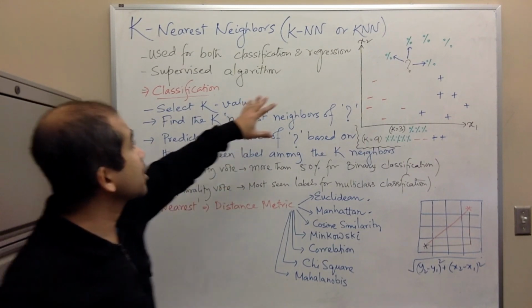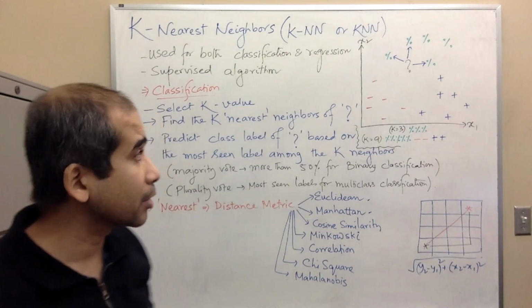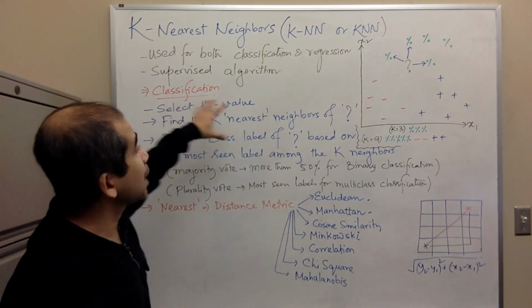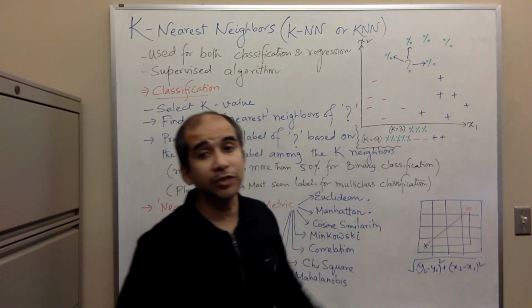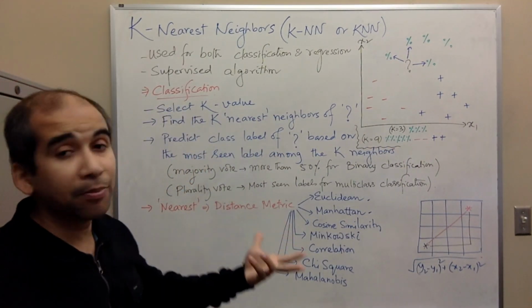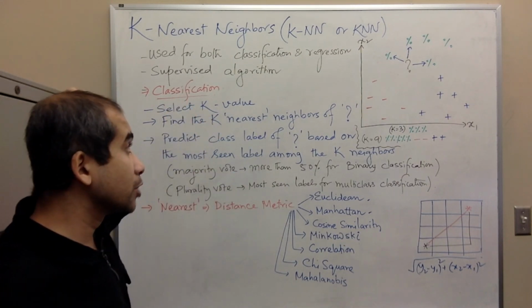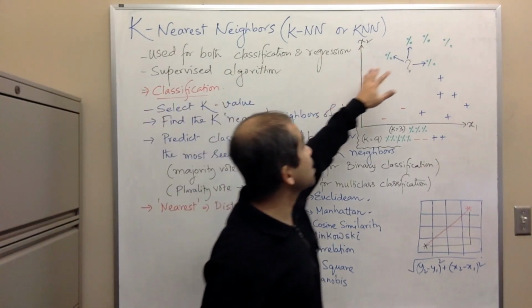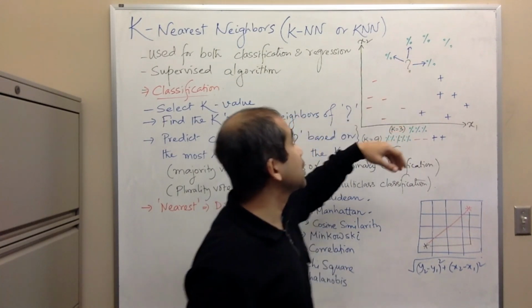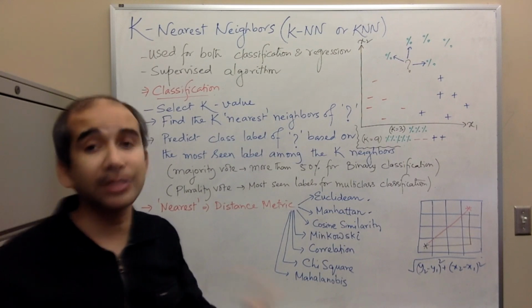One more thing: how KNN can be used for regression. This is a very important part. For classification, we go for majority voting or plurality voting, and then we assign that class label to the new data point. But for regression, let's say k equals 3, we take an average of the values of those data points and say, okay, that is the predicted value.